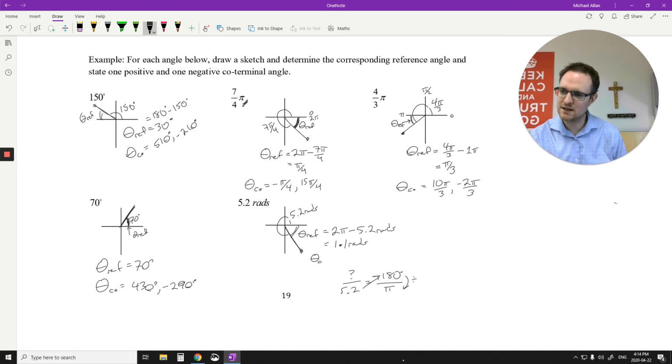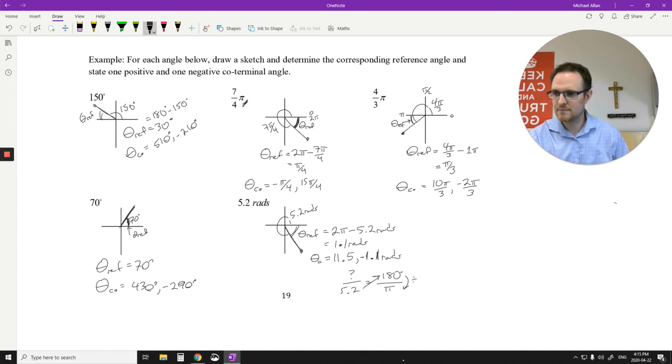Coterminal angles, you're going to add or subtract 2 pi. So you're going to go plus 2 pi. One coterminal angle would be 5.2 plus 2 pi, so one's going to be 11.5, and the other is going to be negative 1.1.